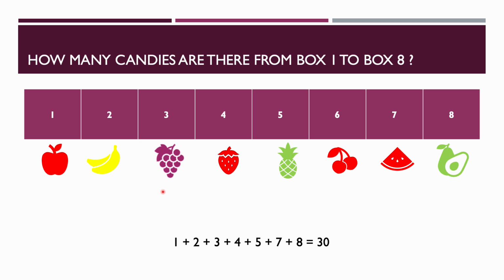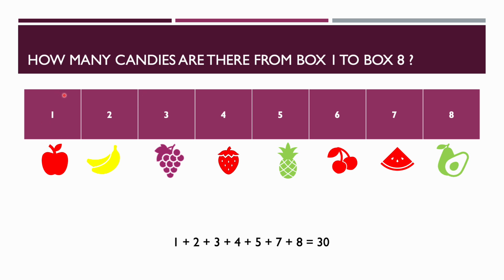To explain what a Fenwick tree is, I'll use an example. Let's say I have 8 boxes and every box has some number of candies, of the particular fruit flavor that I've denoted here, for example, apple candies, grape candies, something like that.